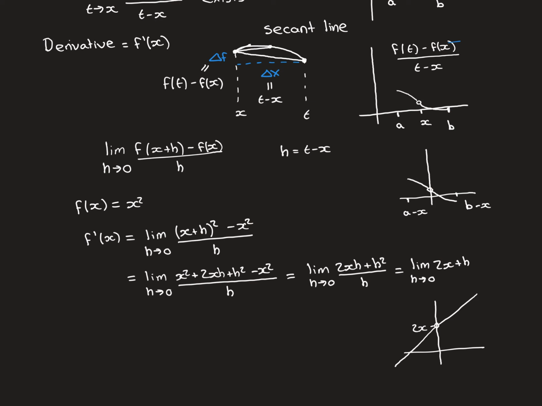Plotting that function then now, it will give us something like this. So of course the initial function was defined over the entire real line, so h can now vary over the entire real line. The only place where it's not defined is going to be 0. So plotting this as a graph, it's going to be a nice straight line, and the intercept here is going to be 2x, where x was the original point that you were trying to find the derivative at.